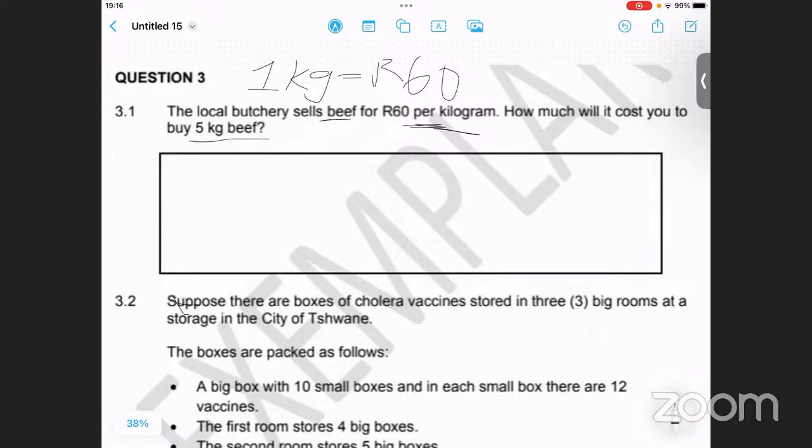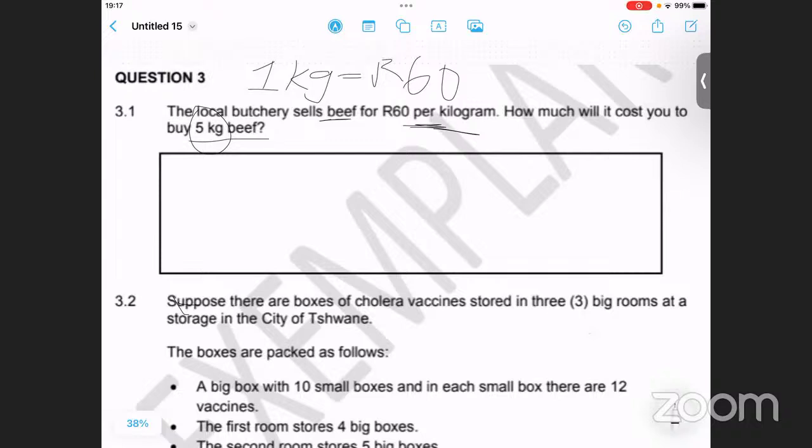So now I've asked you, how many ones do we have in 5 kg? So we can add them together to get the total for 5 kg. Or alternatively, you can ask, what number should I multiply 1 with to get a 5?